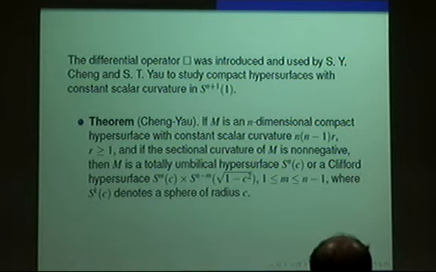If M is an n-dimensional compact hypersurface with constant scalar curvature, where n(n-1)r is not less than 1, and if the sectional curvature of M is non-negative, then we can get that M is a totally umbilical hypersurface, which means that M is a sphere, or a Clifford hypersurface, which means the Riemannian product of spheres, where C denotes the radius.